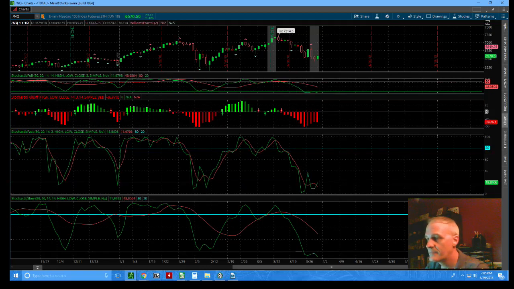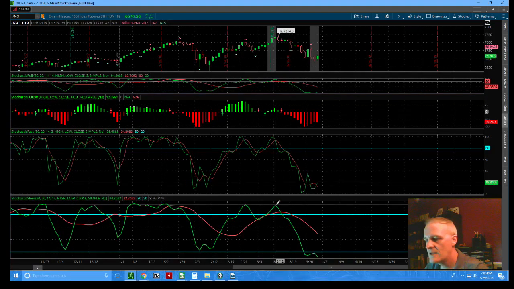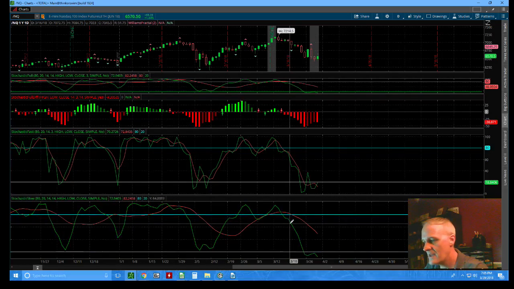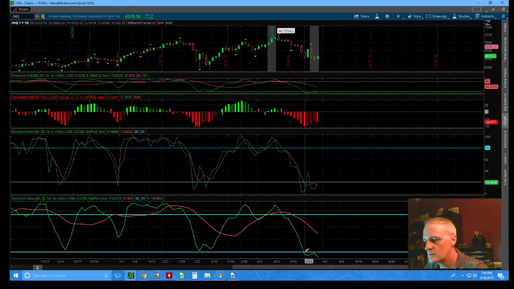I'll show you that in a second. But if you watch my live trader stream, then you'll know that I like to use the crossover of fast K as an entry signal for a short in this case. And then some traders, once it crosses below oversold, will get out.